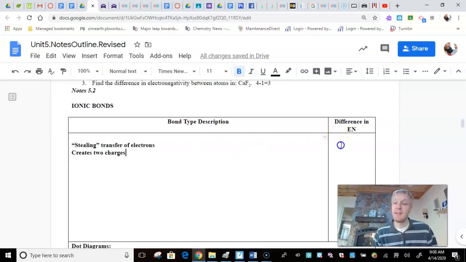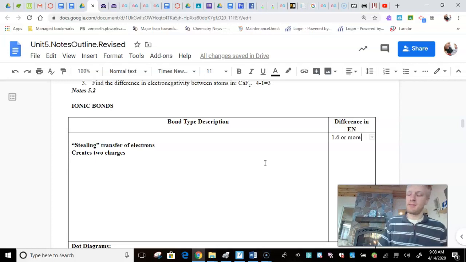And we said the electronegativity difference, remember, is 1.6 or more between the two different atoms that make up that ionic compound. If they form a 1.6 electronegativity difference or more, it is ionic.